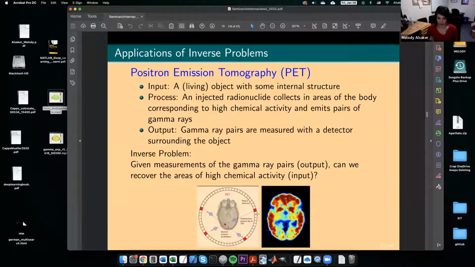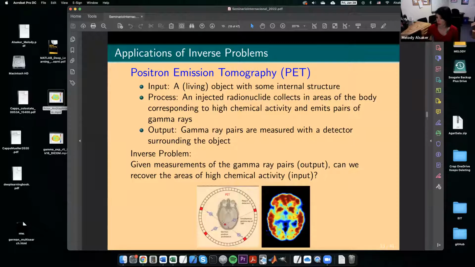Then we can make a guess that if this one and this one lit up at the exact same time, then the area of high radionuclide activity is somewhere along that line. And if this one and this one light up simultaneously as well, then we have this intersection and we can see, well, maybe there's something going on here.